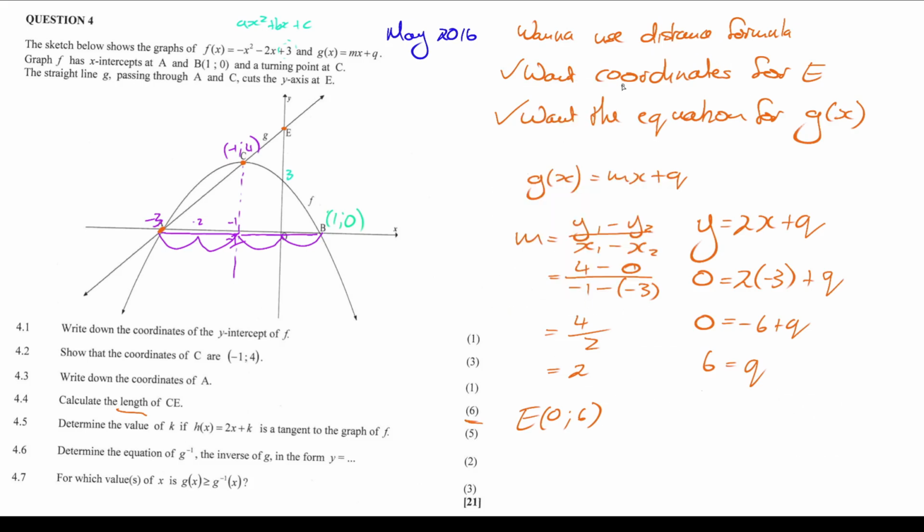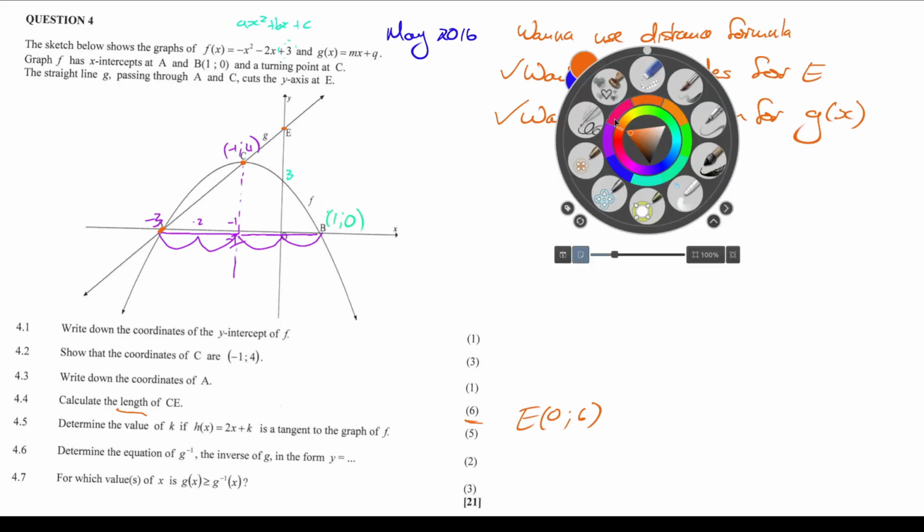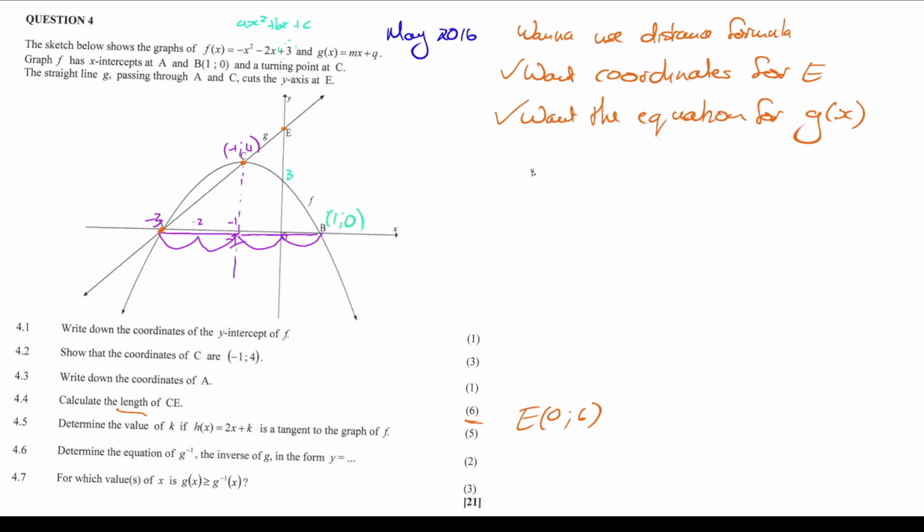So I wanted the coordinates for E, and now I want to use the distance formula. The problem is I don't have enough space because the distance formula is a lot of writing. But I'm going to erase this. And distance formula, CE equals. I like to put a square here because then I don't have to draw that awkward long thingy, but you don't have to.